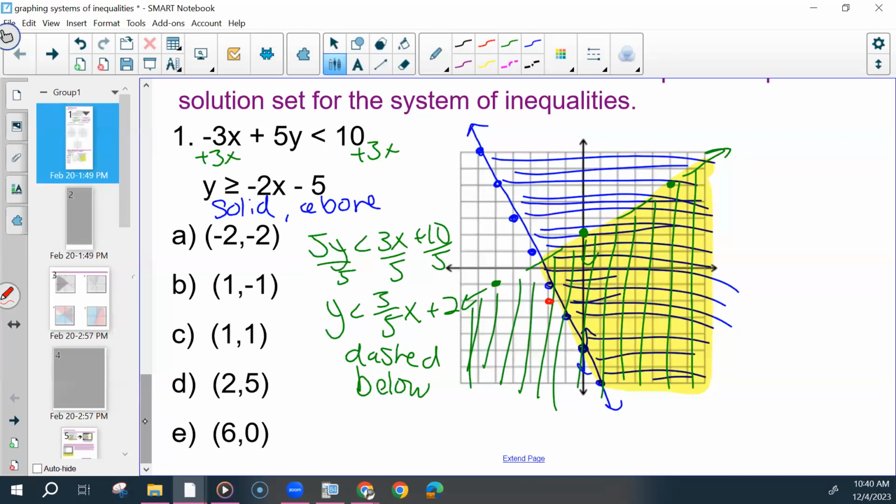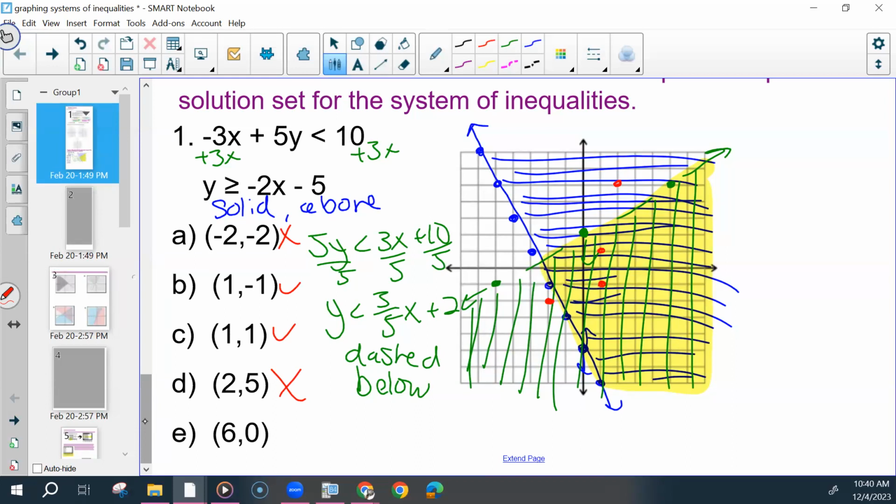-2, -2. Does that one fall in the shaded area? 1, -1. Yes. 1, 1. Yes. 2, 5. No. 6, 0.